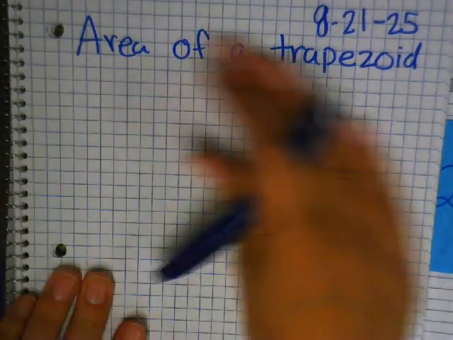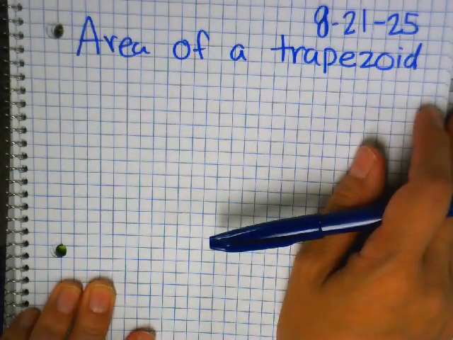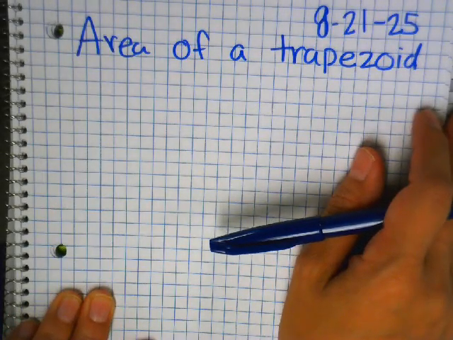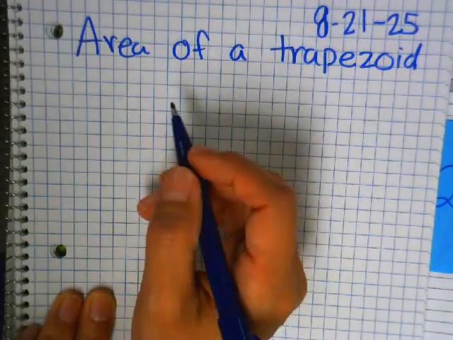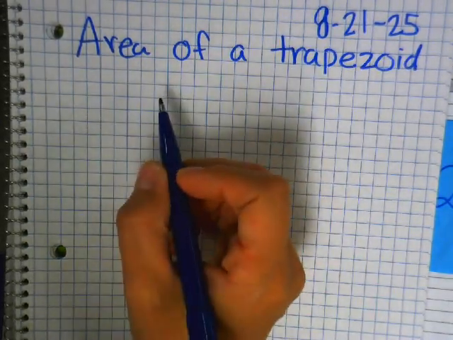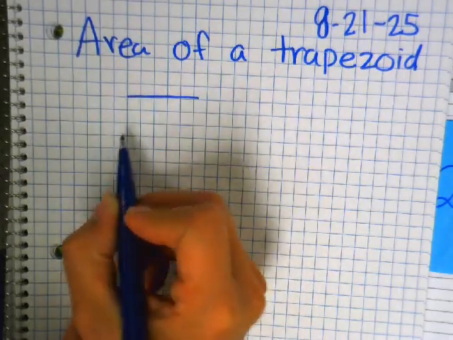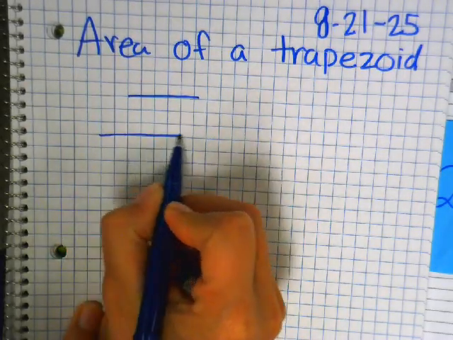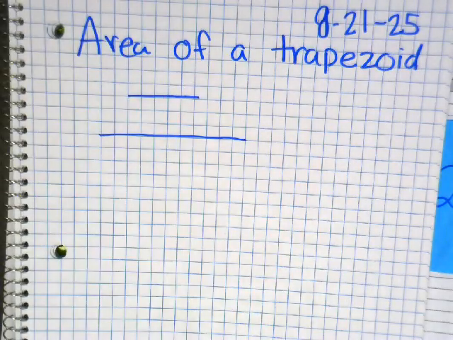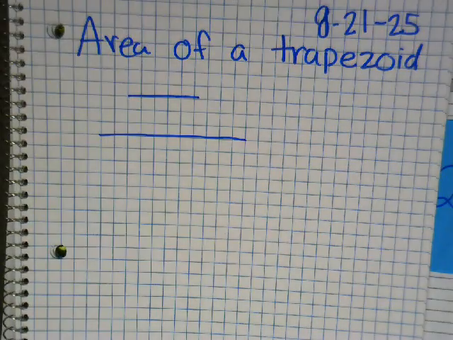Okay. Does anybody know how many sides a trapezoid has? 4. Okay. Kevin? 4. But it's not a rectangle. 6 is a hexagon. So we're going to start with 2 parallel lines. But one line is way longer than the other. This is how a trapezoid starts.